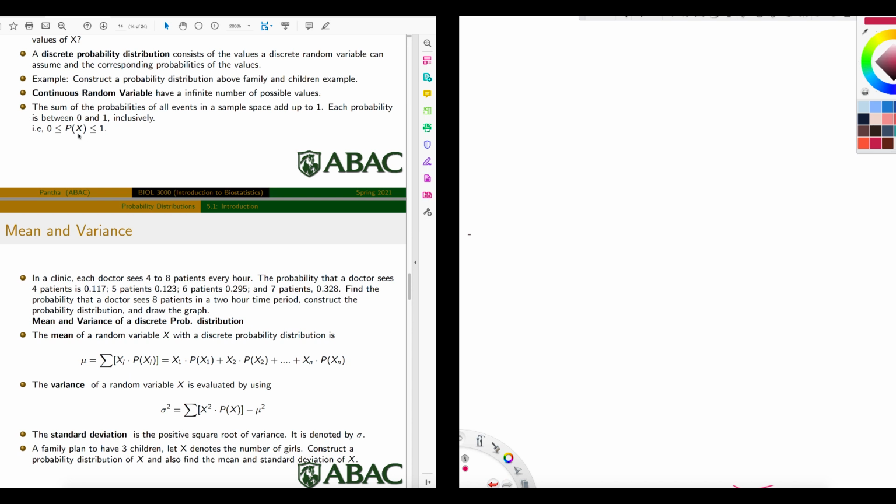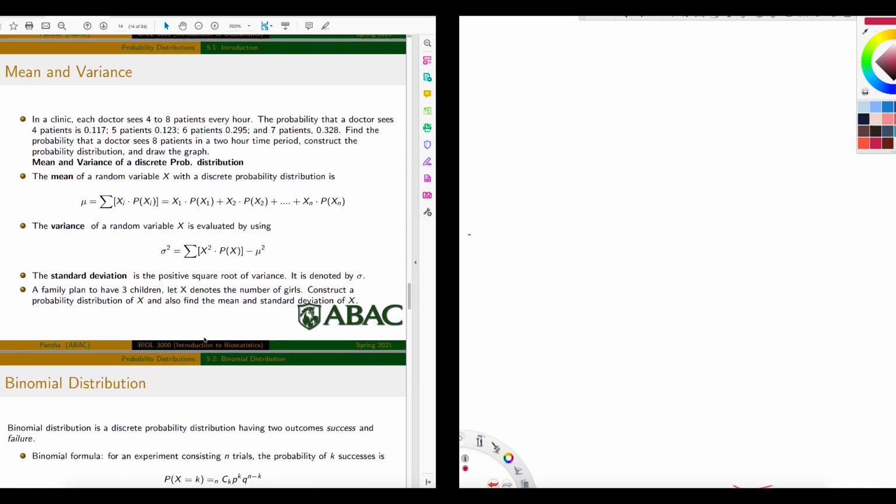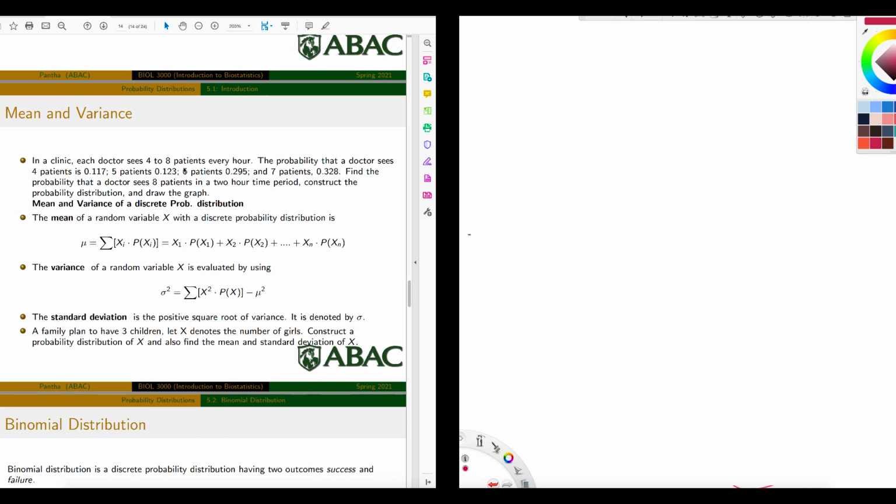Previously we had a table, and if you add all the probabilities, you always get 1. We discussed the mean and variance already.